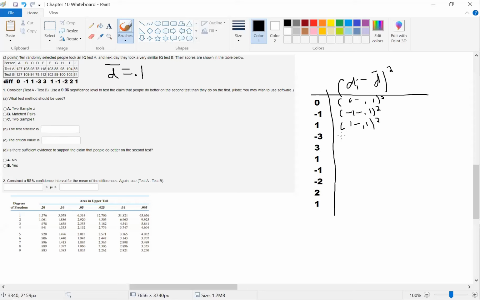I'm just going to write this down. That's a parenthesis. Let me fix that.